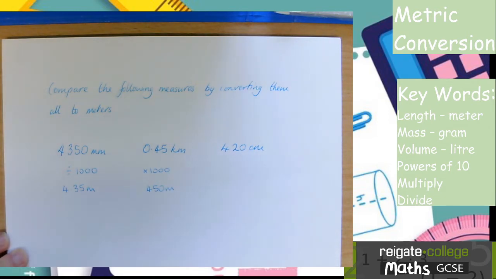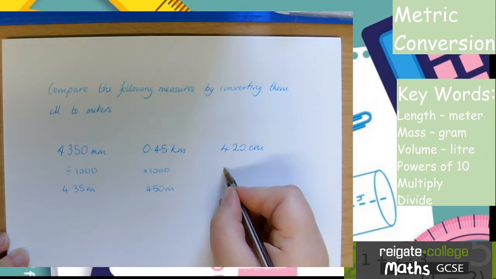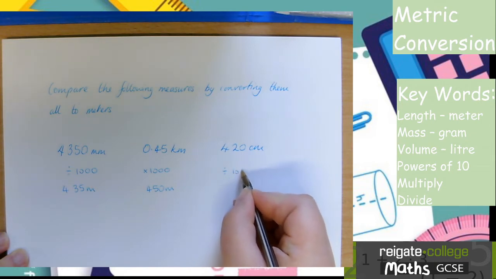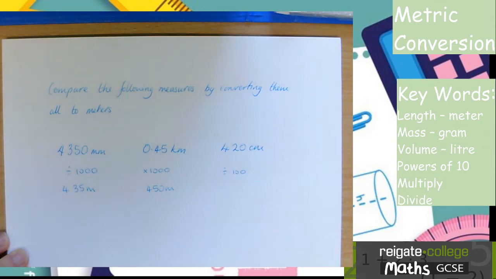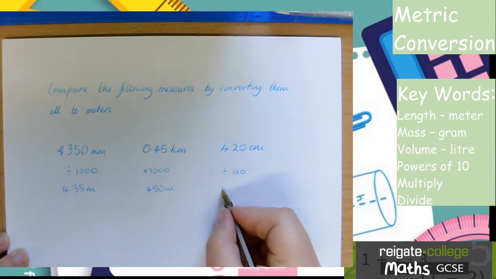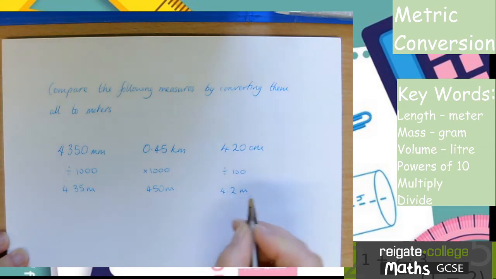And finally, 420 centimetres converted to metres means I'm going to divide by 100. 420 centimetres is 4.2 metres.